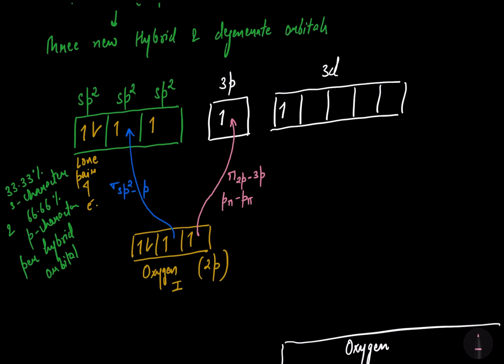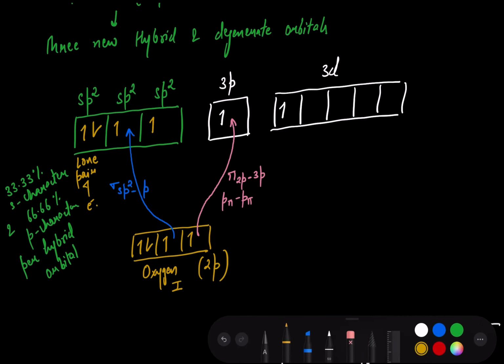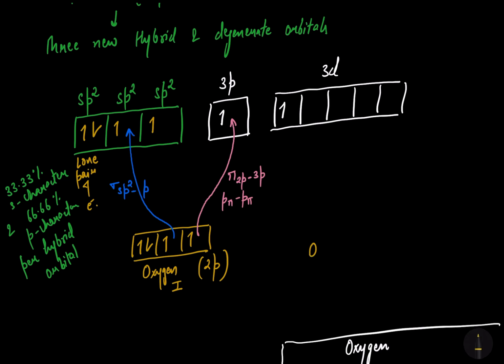After that, now let's talk about the second oxygen, as we were having two oxygens. Now I'm talking about oxygen number 2. Again we are having 2p orbitals of oxygen containing 4 electrons. That's first, second, third and the fourth.